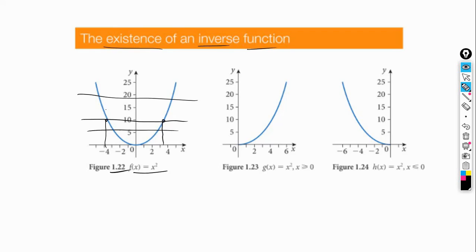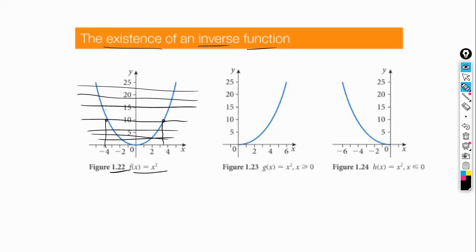There's many, right? Because it crosses the graph. Each horizontal line crosses the graph twice. Therefore, this function does not have an inverse because it is not one-to-one. It is a many-to-one. This is what's called a many-to-one function.